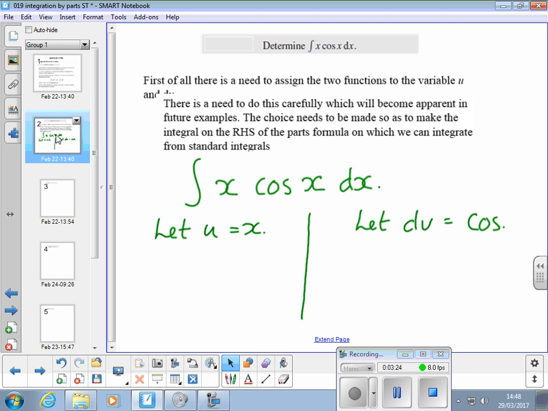Over this side we differentiate. du by dx is equal to, and if we differentiate just x on its own, we get 1.